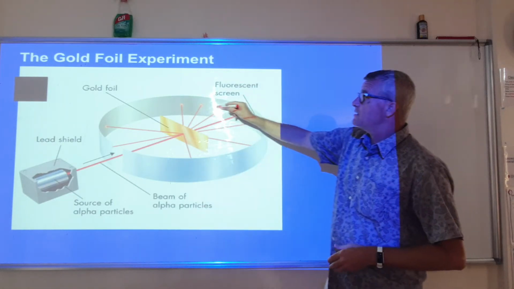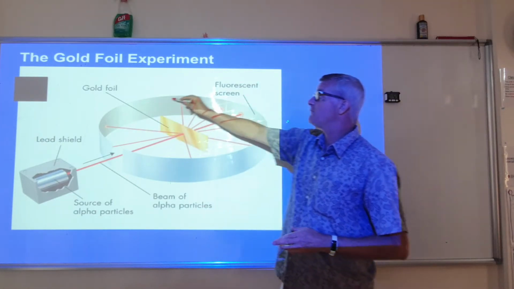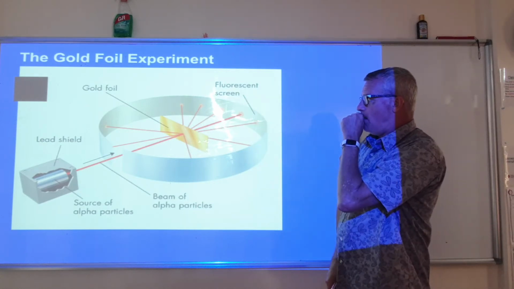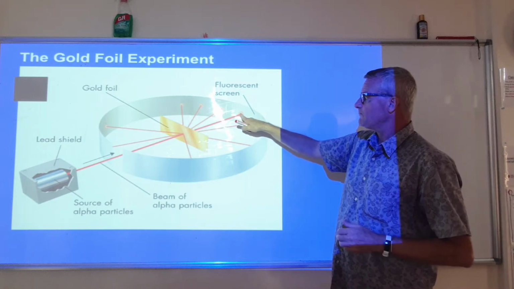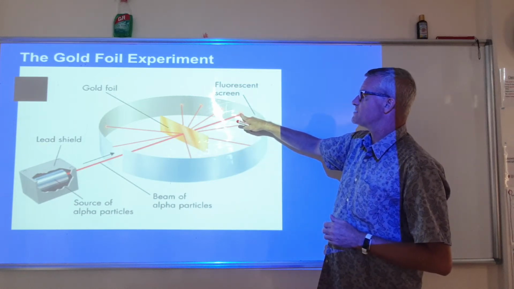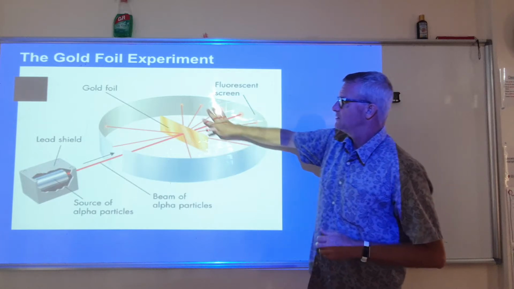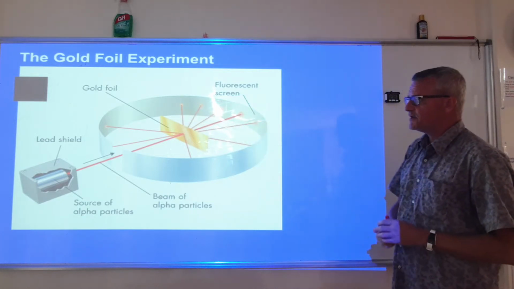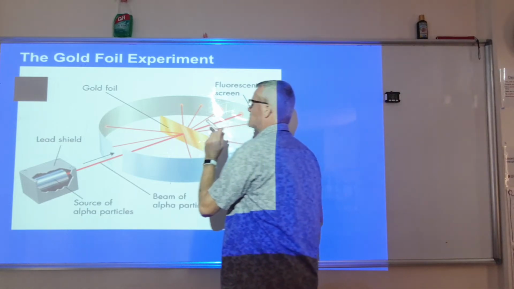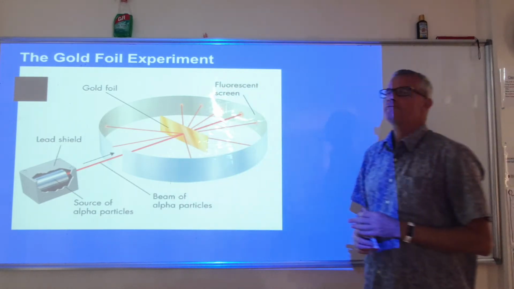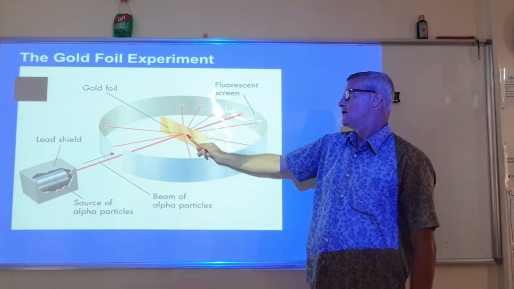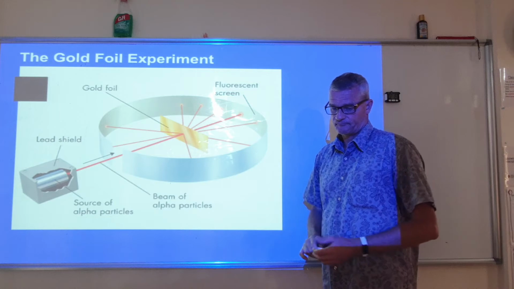In the back, he had a detector that could detect if an alpha particle hit the screen. Very interesting already, he saw that most of the alpha particles went straight through the gold foil.